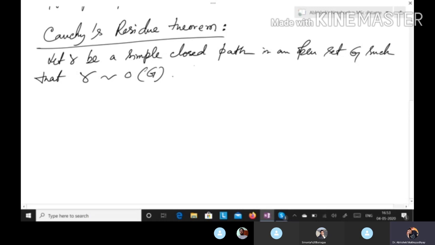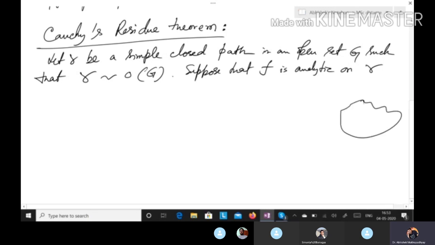And now suppose that a function f is analytic on gamma, that is on the trace of gamma, union the interior of gamma.